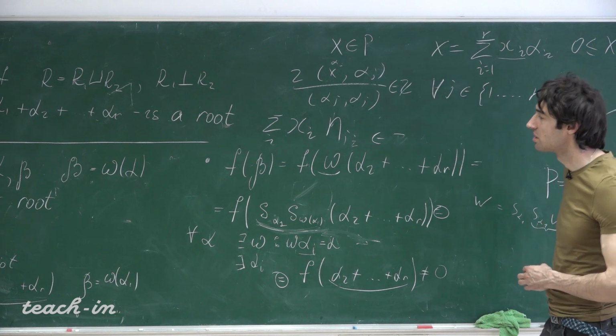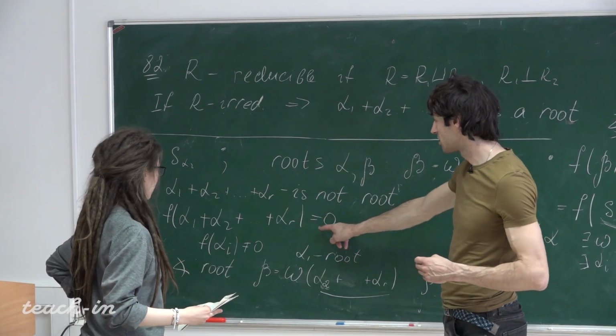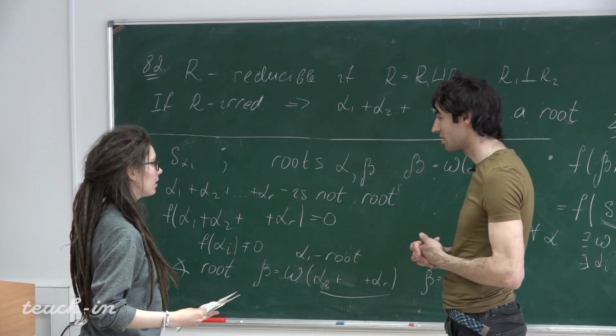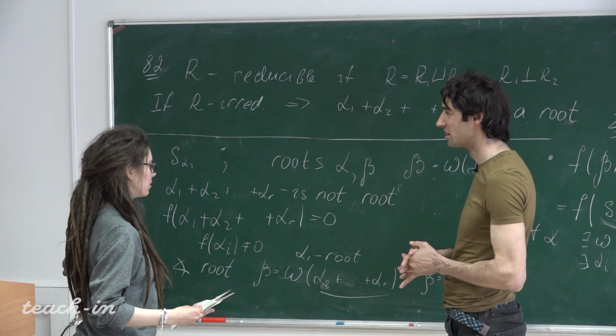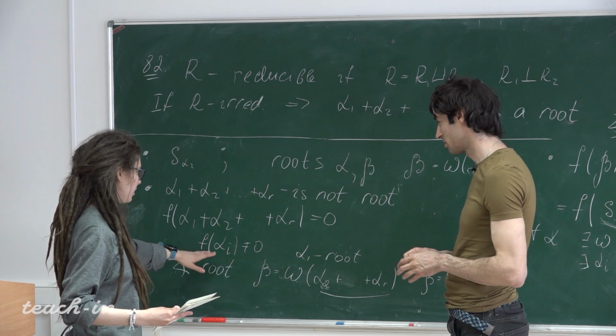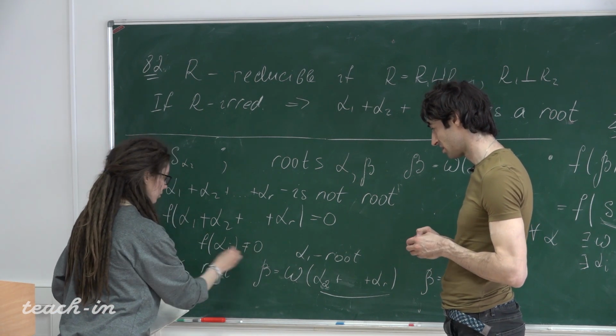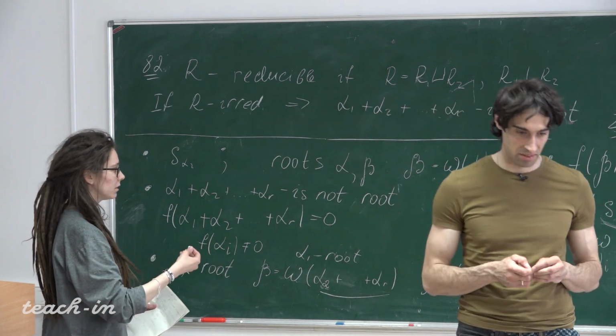Ah, so that's not what you need from the function. Not this condition. Your defining condition for a function is that it should be 0 if it's not a root. Yeah, the function works like it's 0 if it's not a root, and it's not 0 if it's a root.